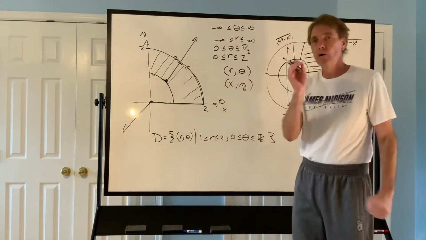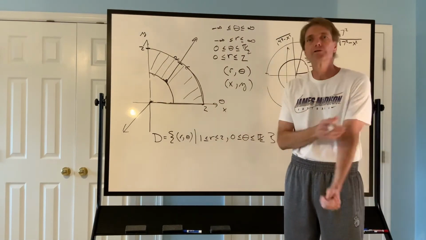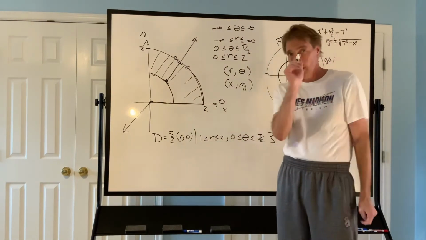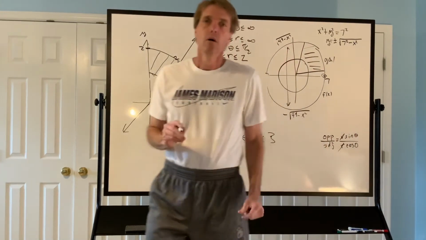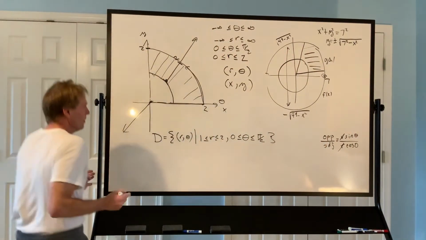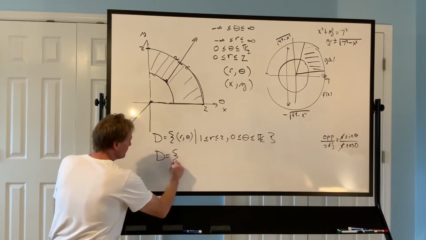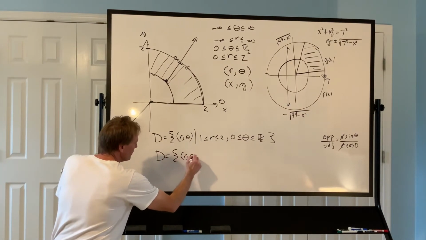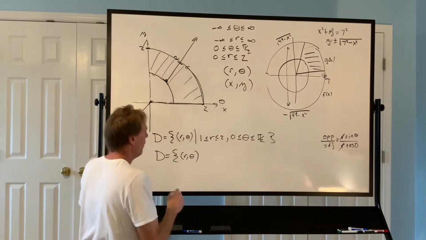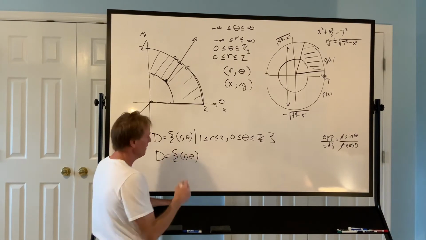Okay, so now I'm going to list another domain, and I want you guys to try to draw what we're talking about in our Cartesian plane. So imagine that my domain in polar coordinates is all the points, ordered pairs, r theta, not xy.